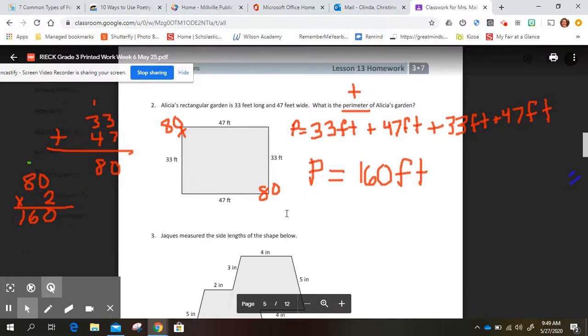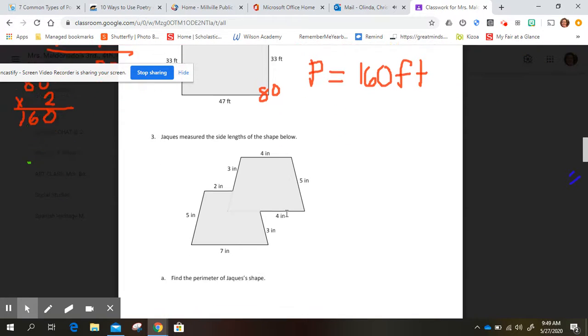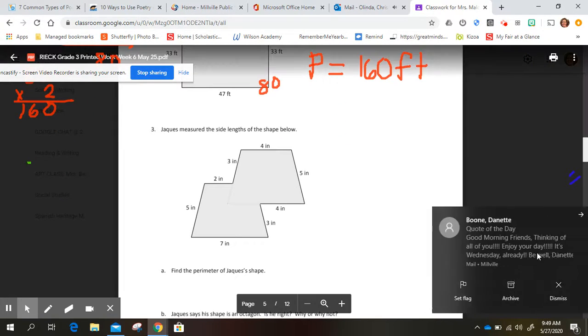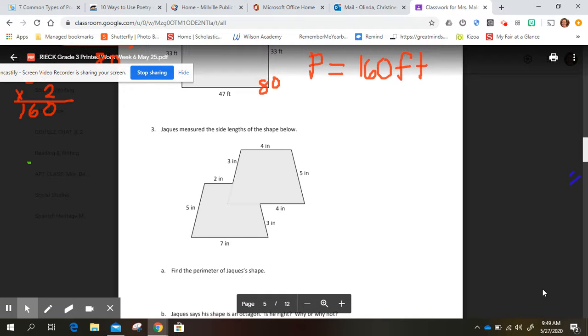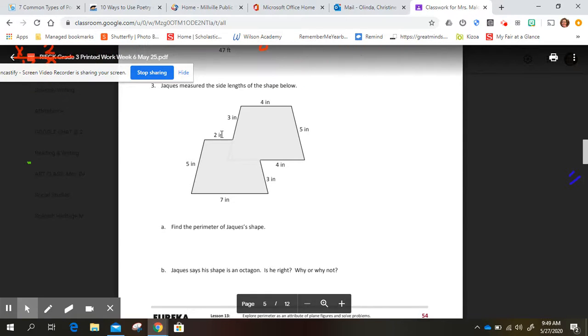All right, number 3. Jacques measured the side lengths of the shape below. Find the perimeter. All right, so again, all we need to do is add all the sides.